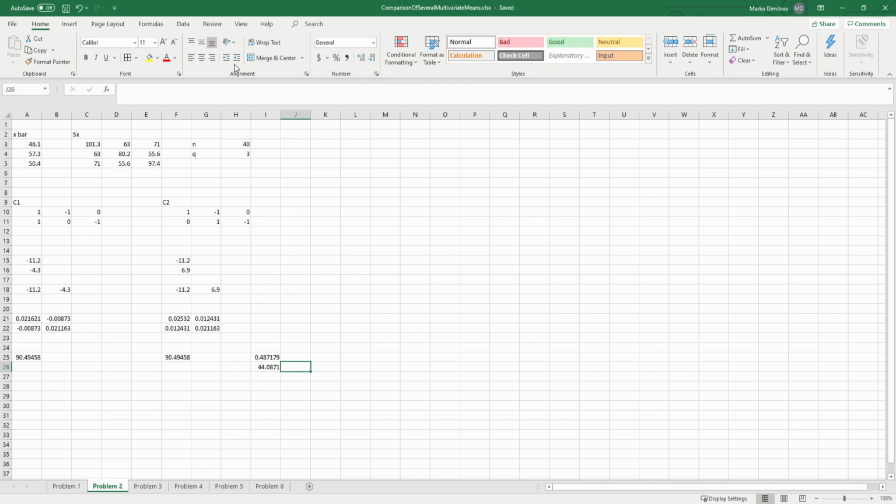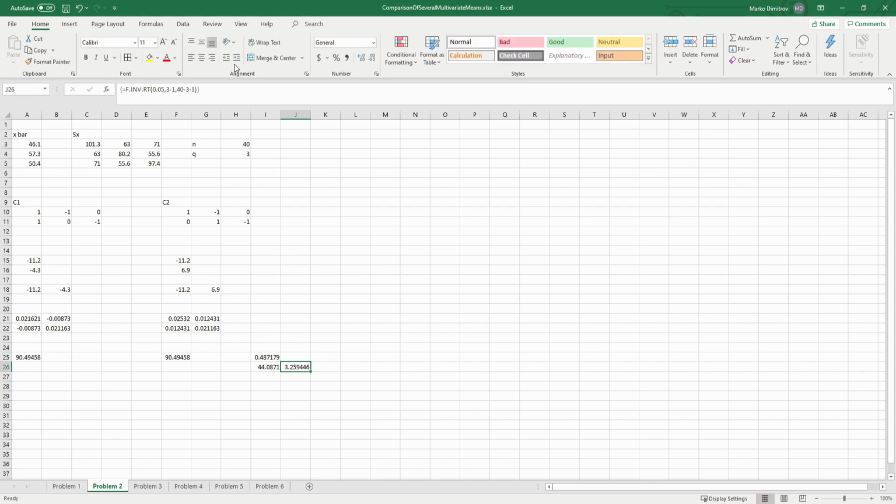That constant is not the same as previously, because this statistic now has different distribution. And we need to compare this with Fisher. So probability, let's say 0.05, and degrees of freedom q minus 1, 3 minus 1, 2, and degrees of freedom n minus q plus 1, like this, n minus q minus 1.